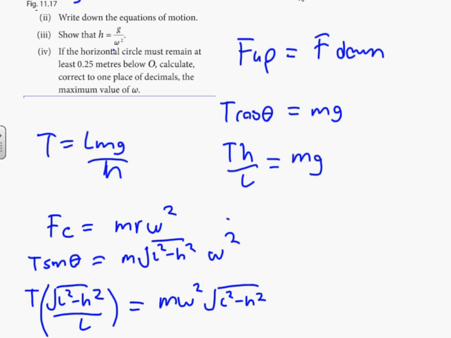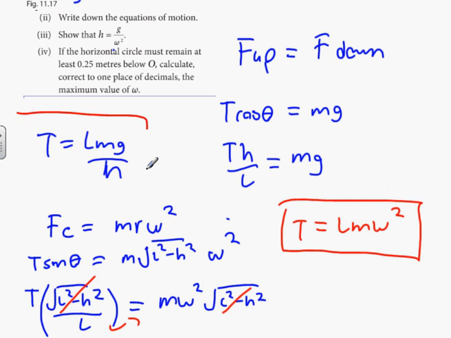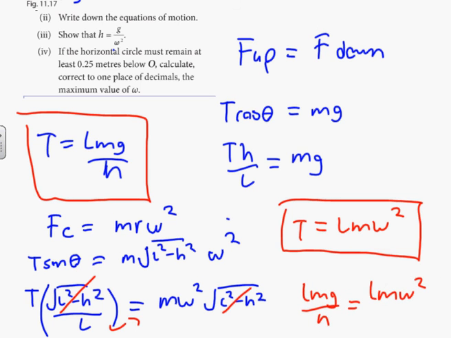So what about the root L squared minus h squared, guys? Cancel them off there. And now we're going to find T on its own, bring up the L, is L m omega squared. Now these two formulas can be compared to each other, where L m g over h equals L m omega squared.